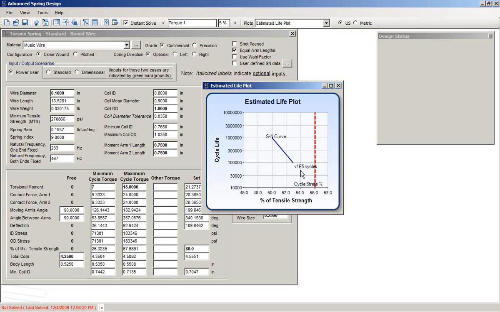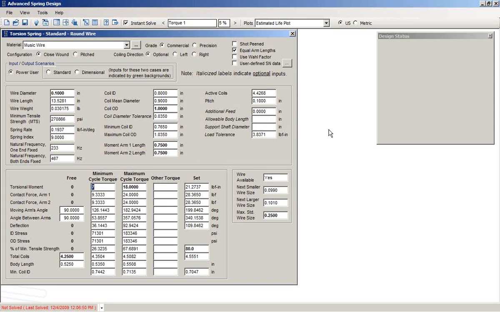In doing so, it changed the estimated cycle life to less than 10 to the 5th, or 100,000 cycles. So as you make changes here, you will get changes to this estimated life plot. That ends this session on torsion springs.